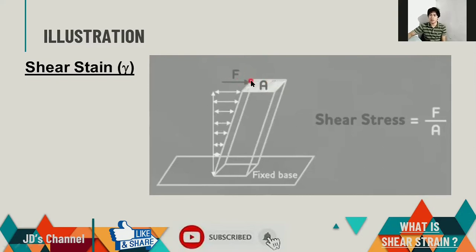Shear stress is equals to force over ito yung area niya. And then, upon applying the shear force na ito, nag-create siya ng displacement from this original position up to that final position. Ito yung kanyang displacement, given na tayo ay merong fixed base here.